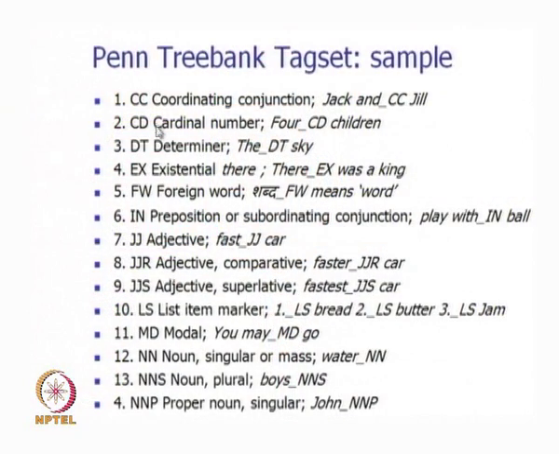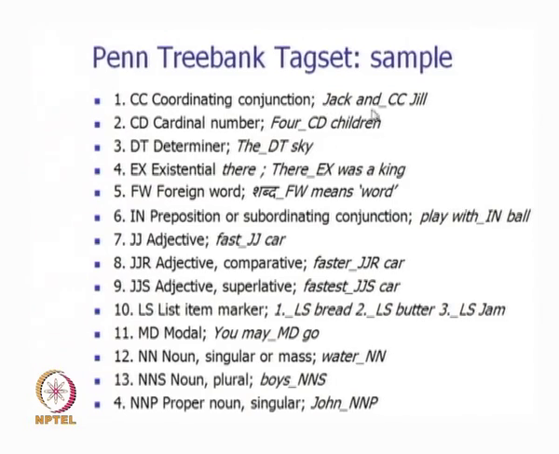Progressing with our discussion, this is an important slide which shows the Penn Treebank tag set. It is a sample. There are about 30 tags, and we show here a few of them, maybe about 10, and what is shown here are these labels. So, the first label here is CC, which is a short form for coordinating conjunction.